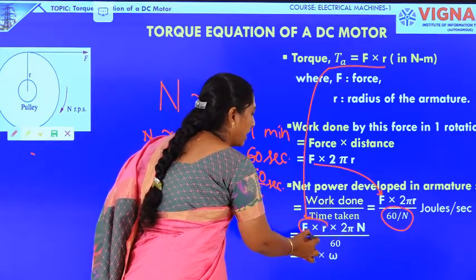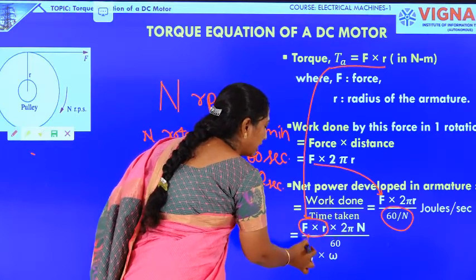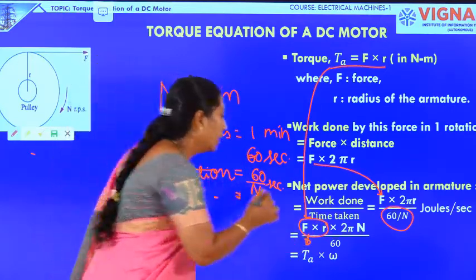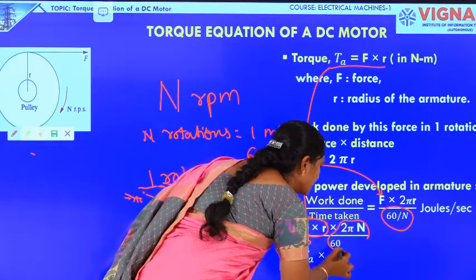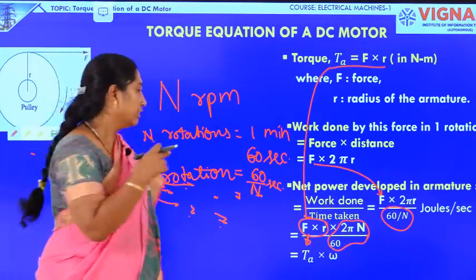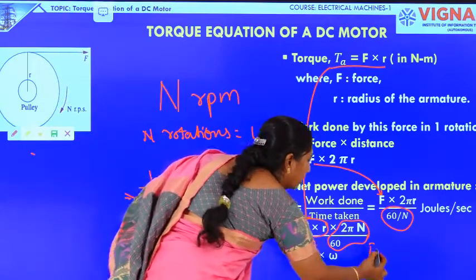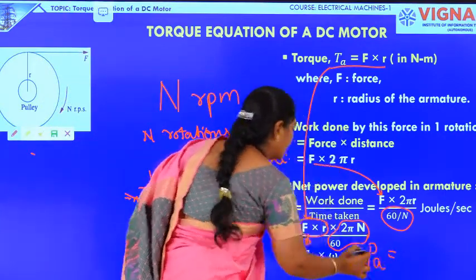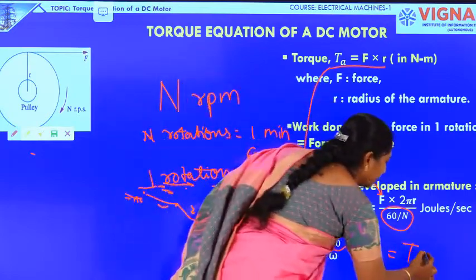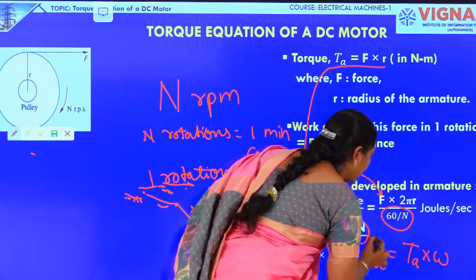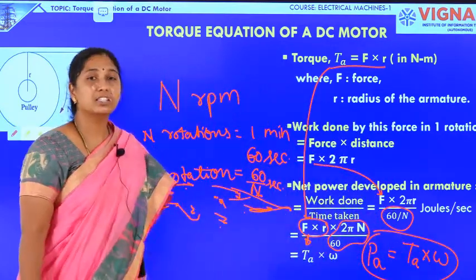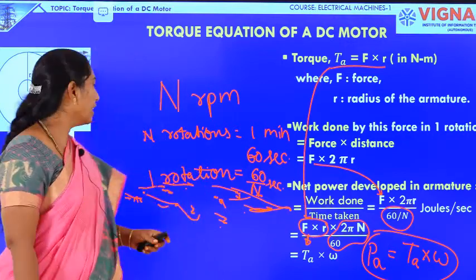That is why F into R can be written as TA, torque developed in the armature. 2 pi n by 60 is the angular velocity of the rotor. Therefore, the net power developed in the armature can be written as the torque developed in the armature into angular velocity of the rotor. So this is the net power developed in the armature.